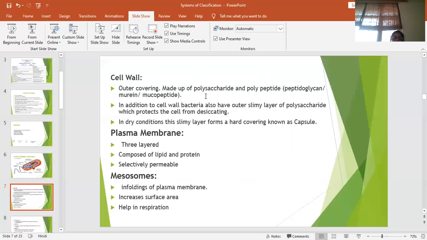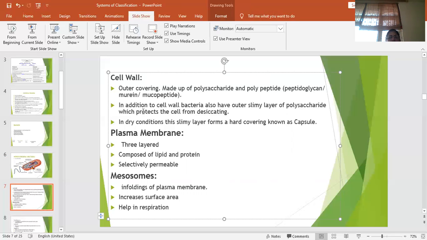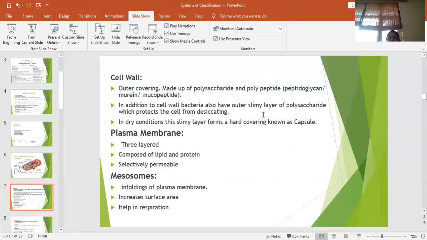So we'll study about gram positive and gram negative bacteria in detail afterward. Along with the cell wall, bacteria also have an outer polysaccharide layer or slimy layer. Now this slimy layer makes the bacteria wet, and it protects the cell from desiccating.